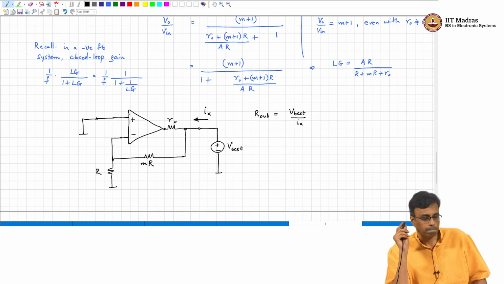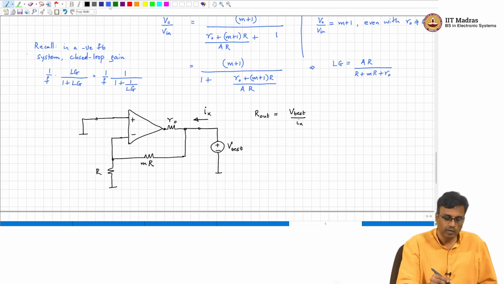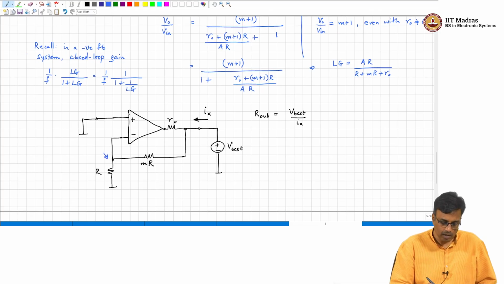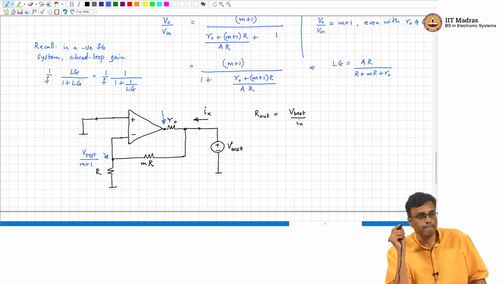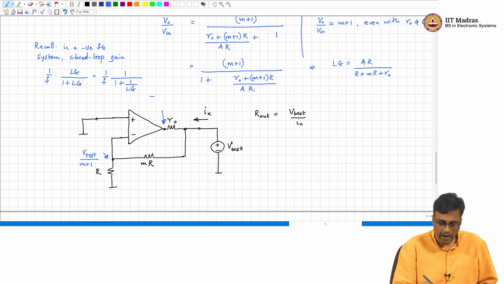All right. So, what is the voltage at this terminal? V test by m plus 1. That voltage therefore is minus A V test by m plus 1.